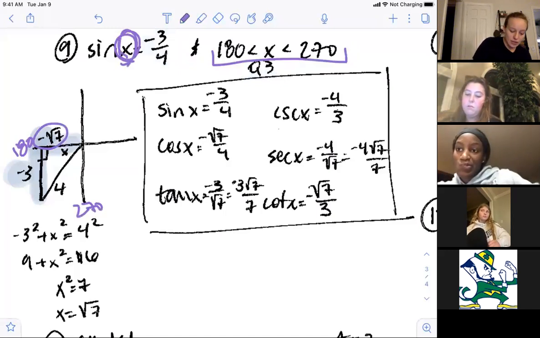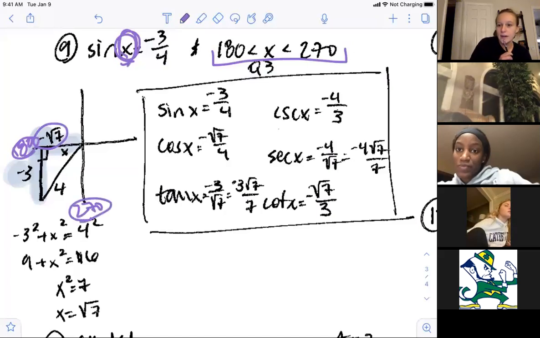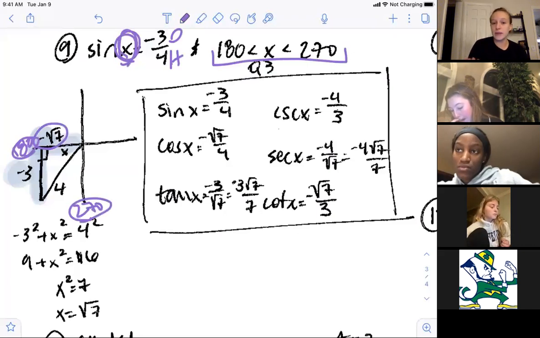So 180 we know is right there and 270 is always here. So my angle is somewhere between them, which means it's in that third quadrant. Then you just solve it like the regular one. Sine is opposite over hypotenuse, so I knew I had to find adjacent. And as I just explained, we knew the adjacent side's negative because we're in the third quadrant, so the x is negative there.